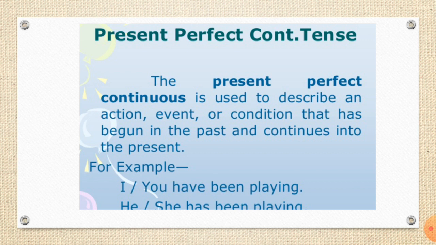In this condition, you have to use present perfect continuous tense. For example, Chitra has been singing since 1980, without any break. You have been playing. She has been playing.